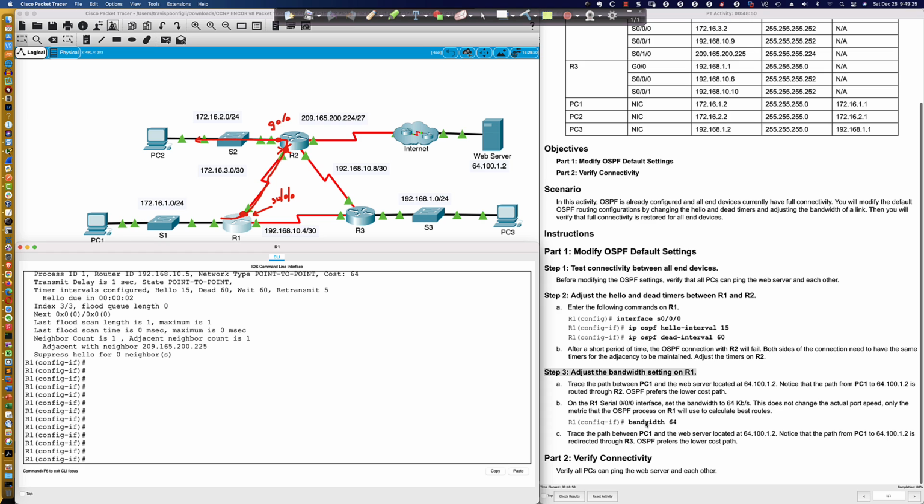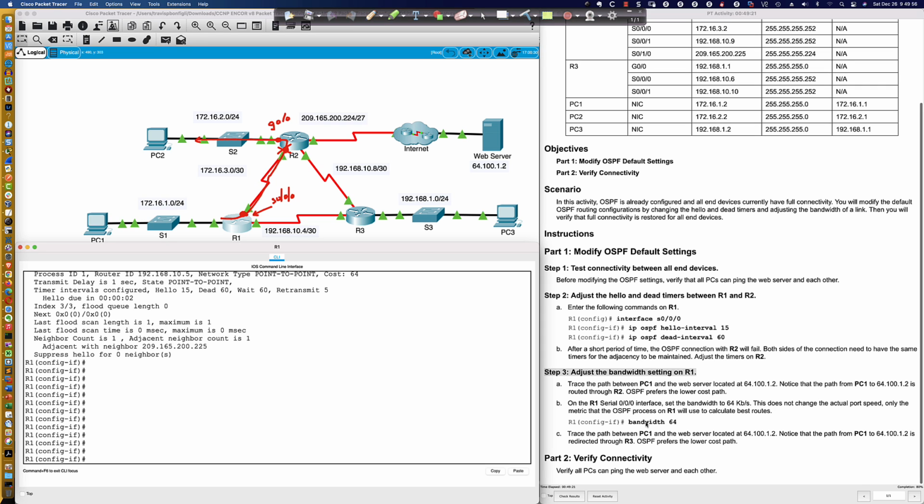So what I'm saying is, if you have a fractional serial link, a fractional link to a telco that is 64 kilobits, or 256K, or 512K, or 768, that is when you put the bandwidth command on the serial interface, when it reflects the actual bandwidth that that interface is capable of.